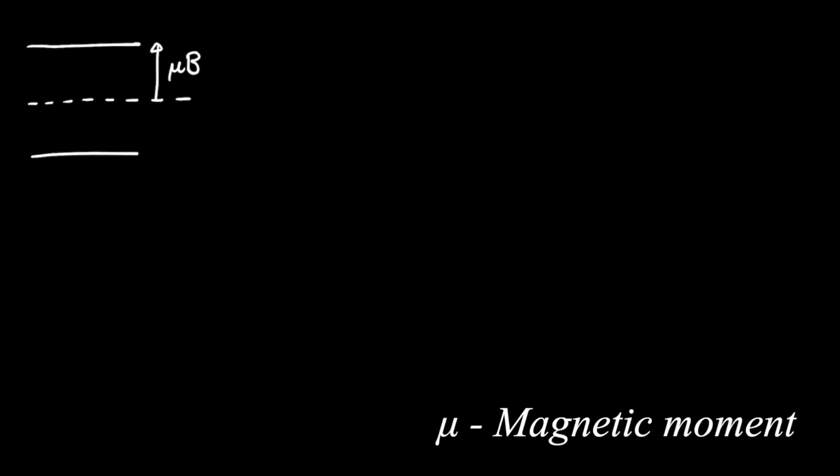So you have two different energy states, and this energy difference right here I'm going to call mu B. Now mu is known as the magnetic moment of the proton, and you don't have to know really what that is. Basically a measure of how much energy a proton gains in response to a magnetic field.